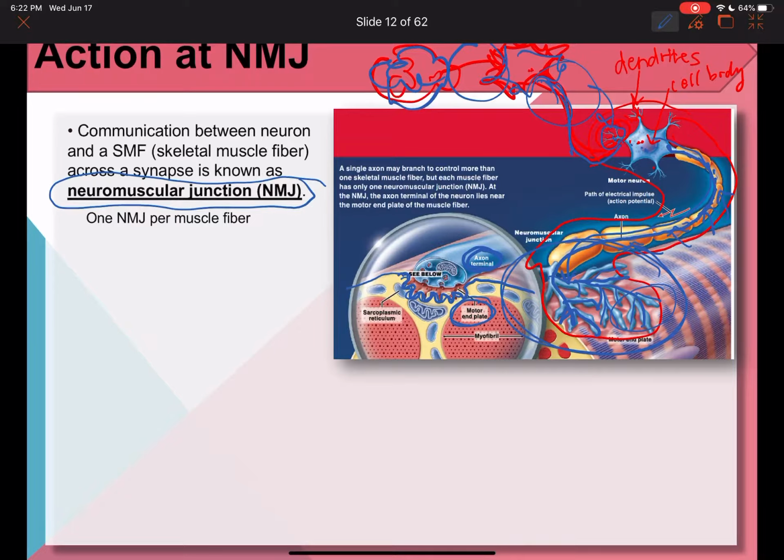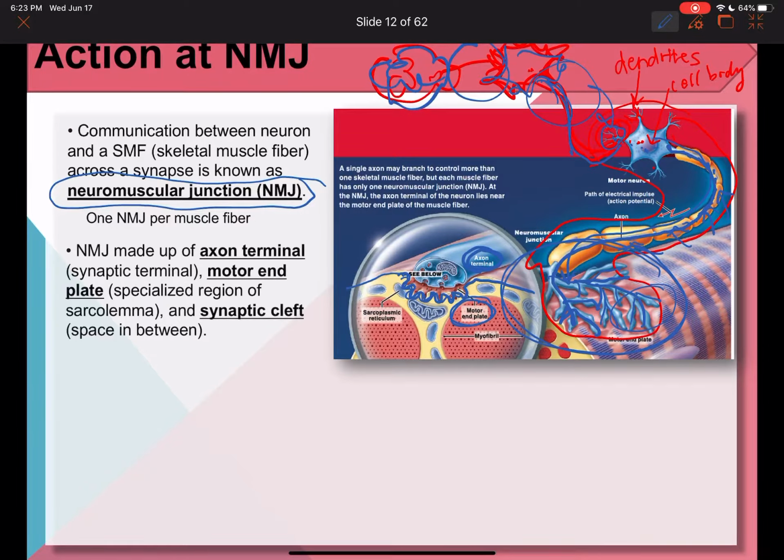And like I said, what I mean by sitting in there is not a physical connection. It's separated by a very tiny gap called the synaptic cleft. Or some people call it the synaptic gap, but usually it's named the synaptic cleft. And that space in between is what allows chemical signals to go from the neuron onto the muscle fiber in order to stimulate its contraction. Okay? All right.